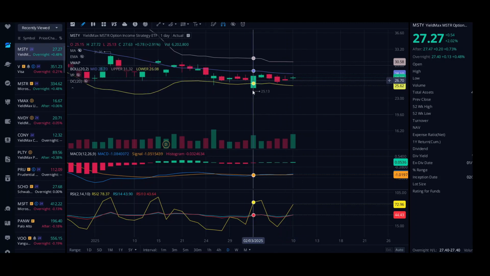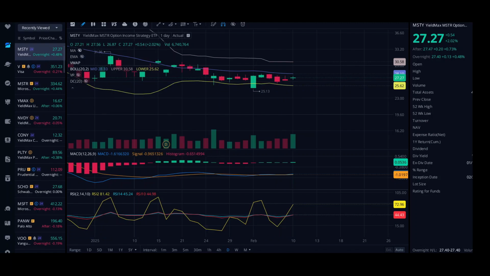Back here would actually have been a good time to grab it, if you grabbed it when it dropped, not so much as it went back up. But usually when you're selling a put, you want to do it on a red day. As the price is coming down, it'll pay you a little bit more premium.